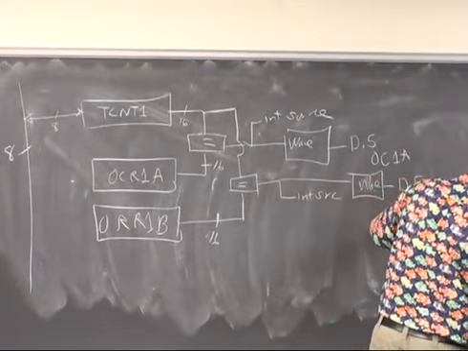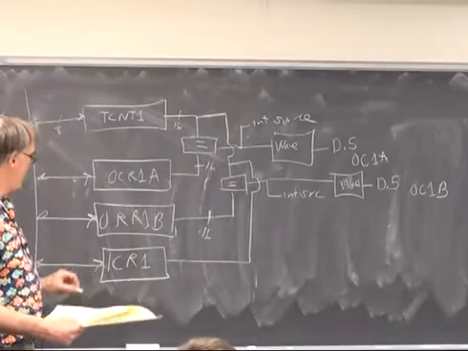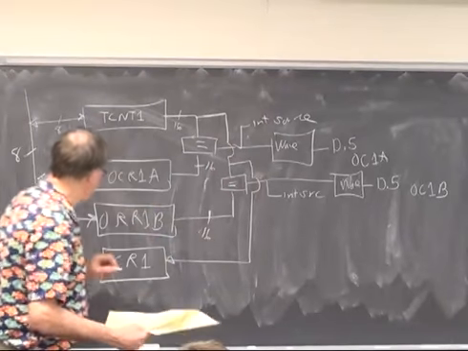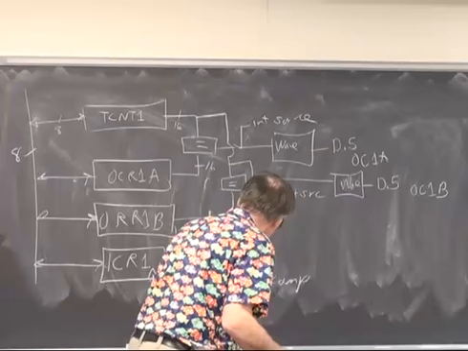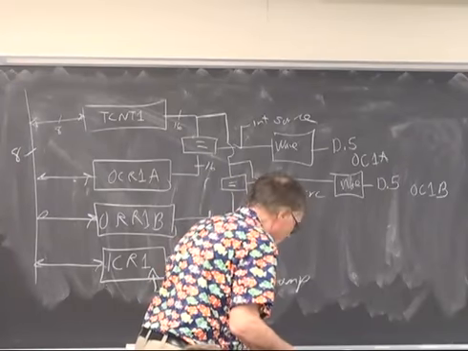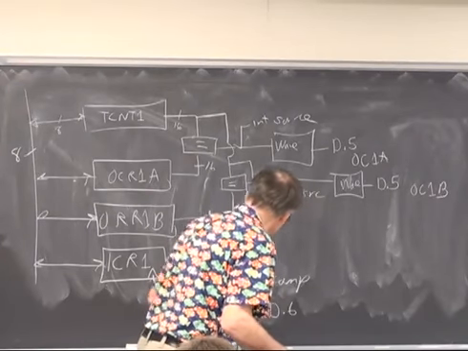And this takes a copy of TCNT1, which is clocked in either from the analog comparator or from ICP1, which is D.6.